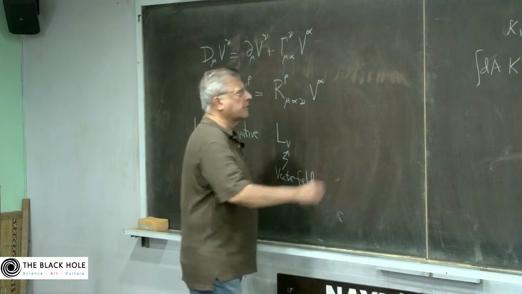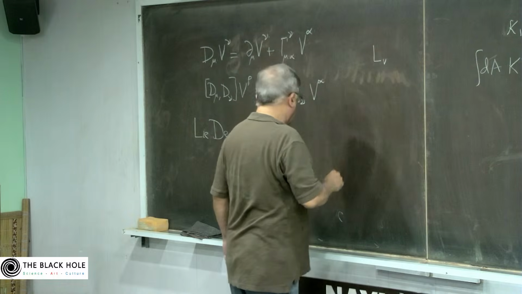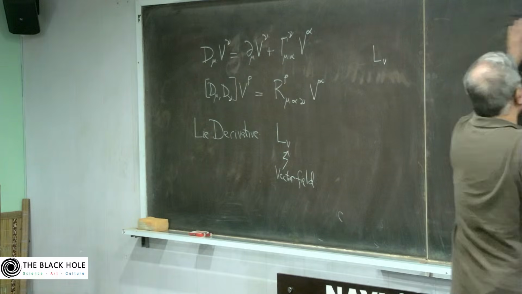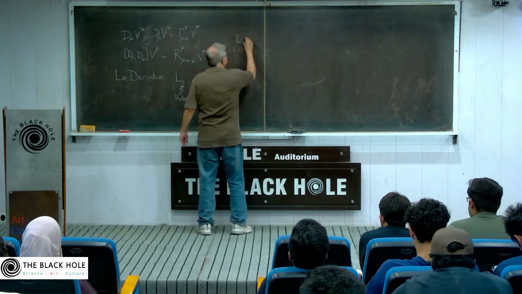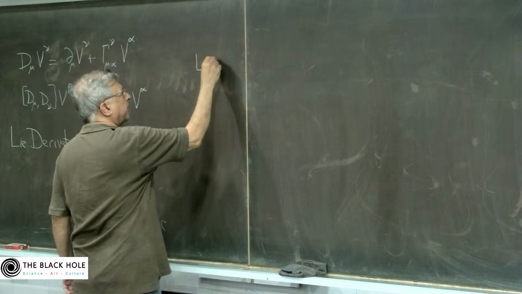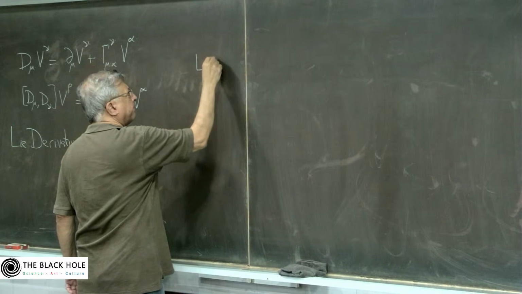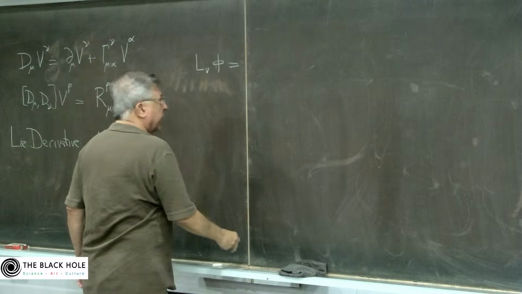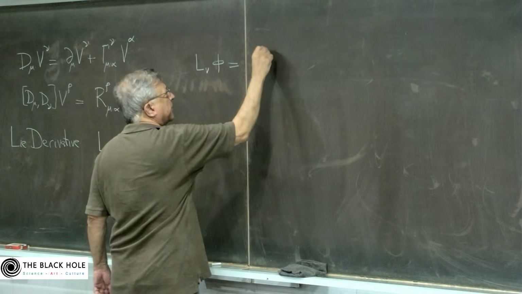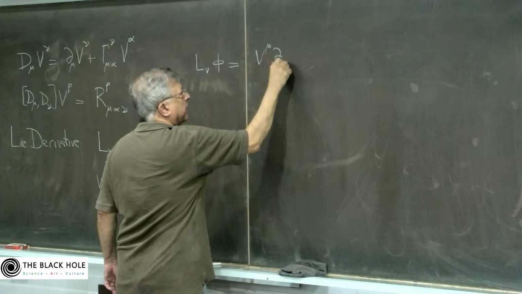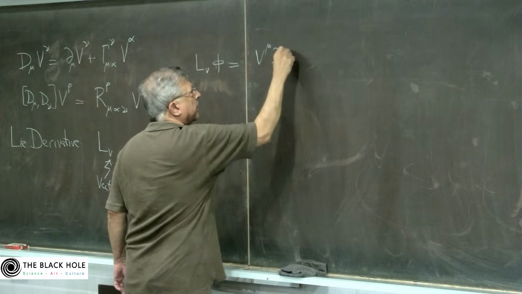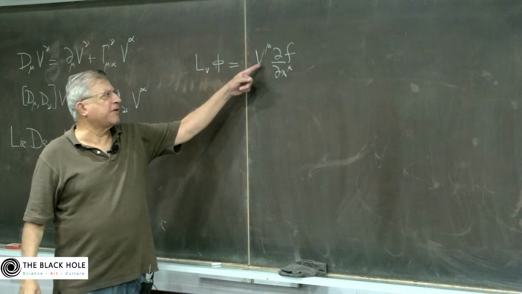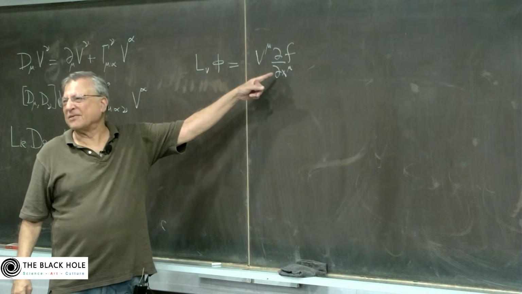Okay, now if L_V acts upon a scalar, let's say that scalar, what should I call it? Phi, okay. Then it is, so you could think of it as V dot gradient.